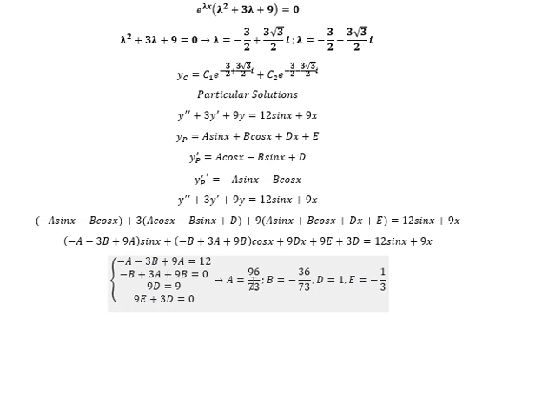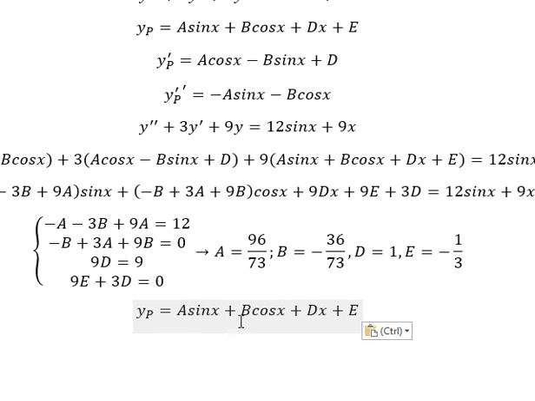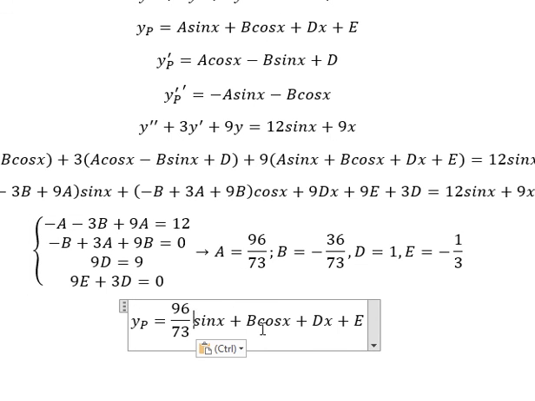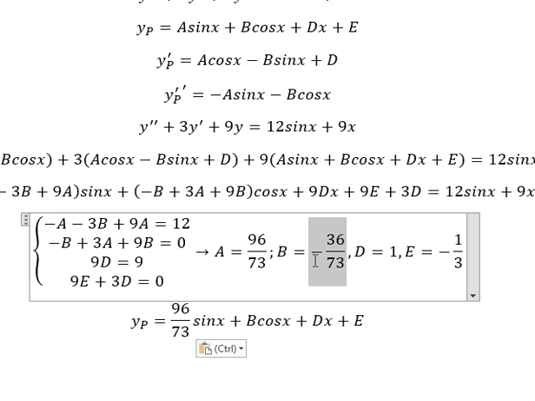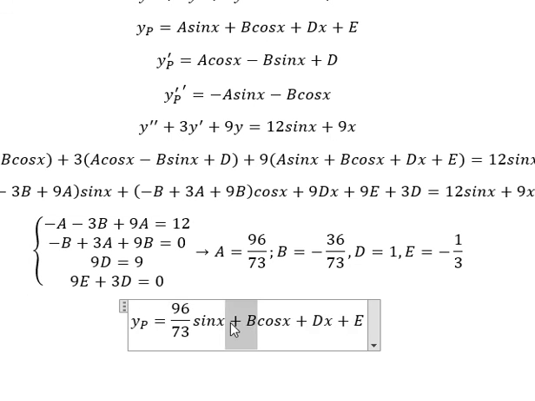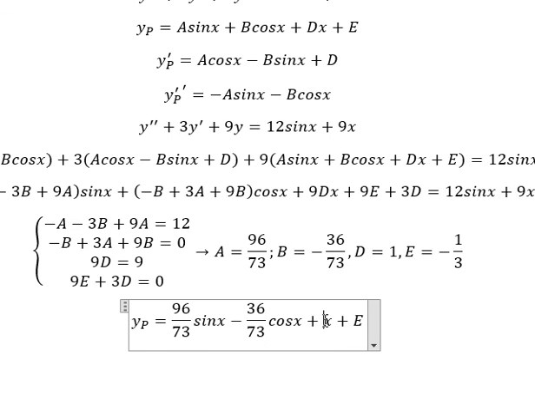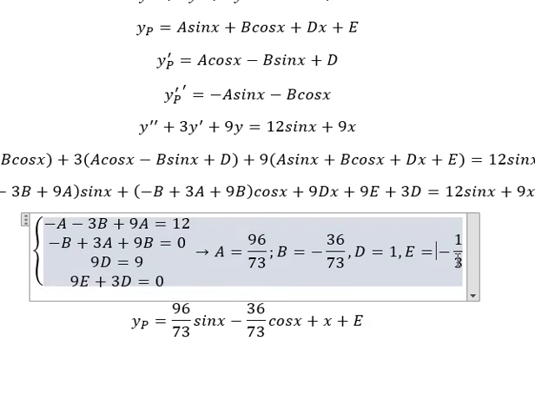After we find A, B, D, E, we can put these in here. So A is this number. B is this number. D is number 1. E is negative 1 over 3.